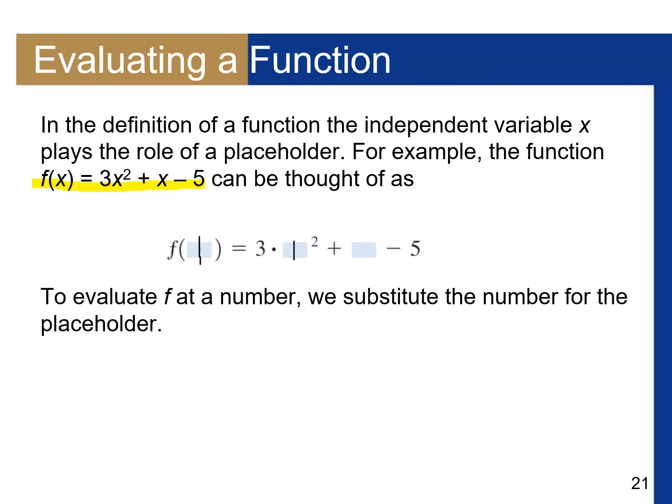So it would be 3 times 1 squared plus 1 minus 5. And if we did that, 1 squared is 1. So this would be 3 plus 1 minus 5. And if I go ahead and combine those, I'll get 4 minus 5, which is negative 1.